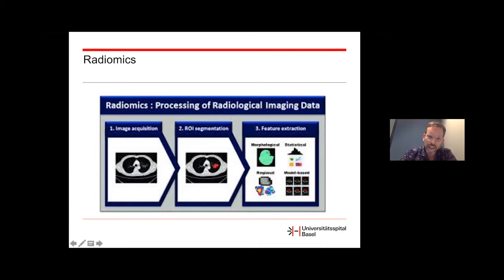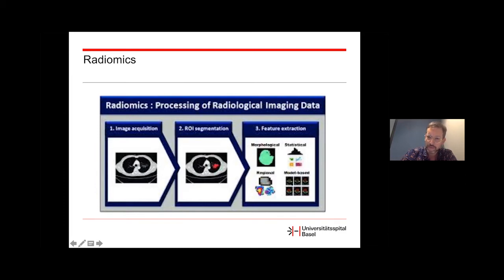Actually, in this project, we are in the part where we look at signal distribution, and this signal distribution is highly dependent on how the image is acquired and what the quality of the image is. If we don't control this, the statistical distribution will look very different.